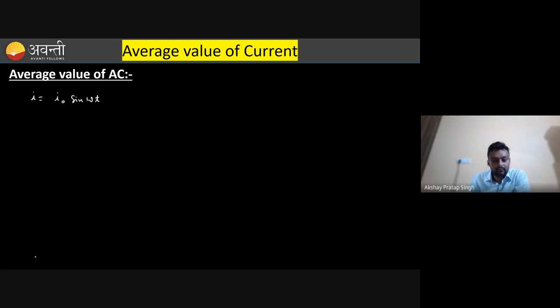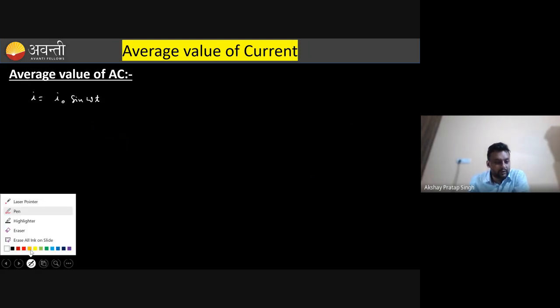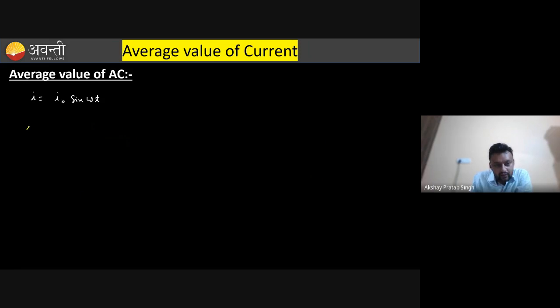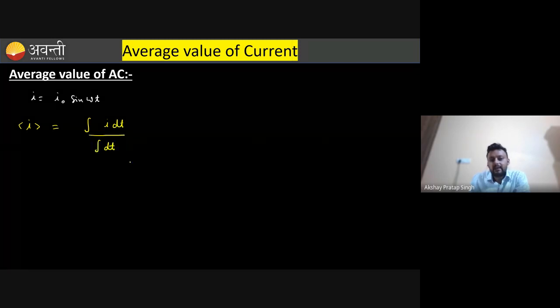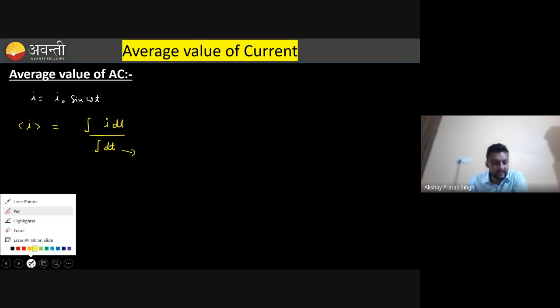Now, if you need to calculate the average value of this current, how will you calculate? You will calculate the integration of I dt divided by the integration of dt. This is again the time period. I dt is going to be the area.